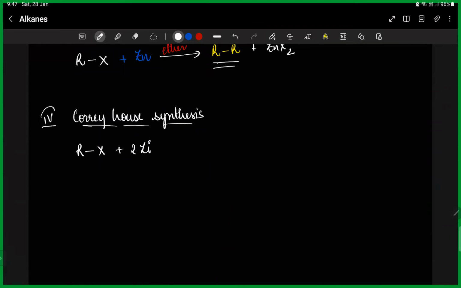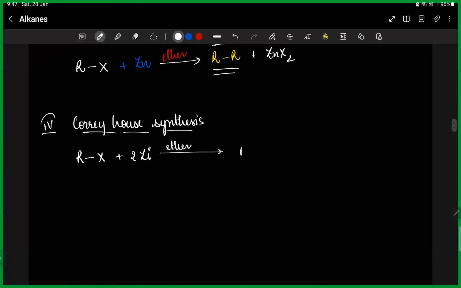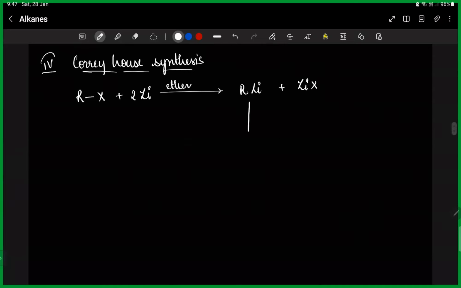So when you react it with 2 moles of lithium in presence of ether, okay, what would be formed? RLi is formed, means alkyl lithium, and again LiX will also be formed. Now, you take this alkyl lithium and then you treat it with copper iodide.